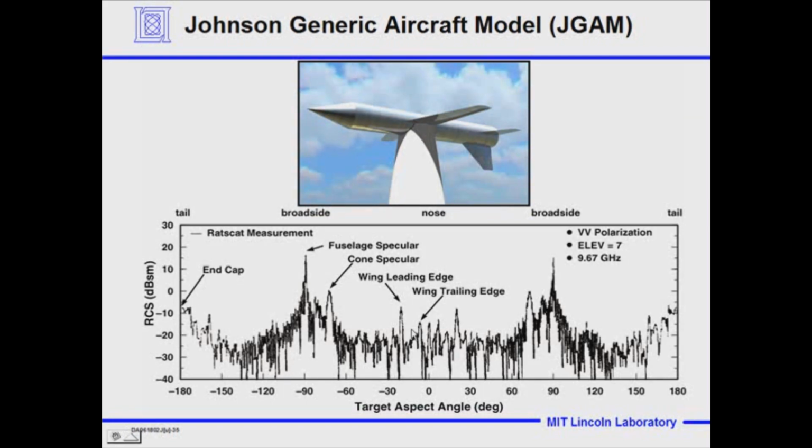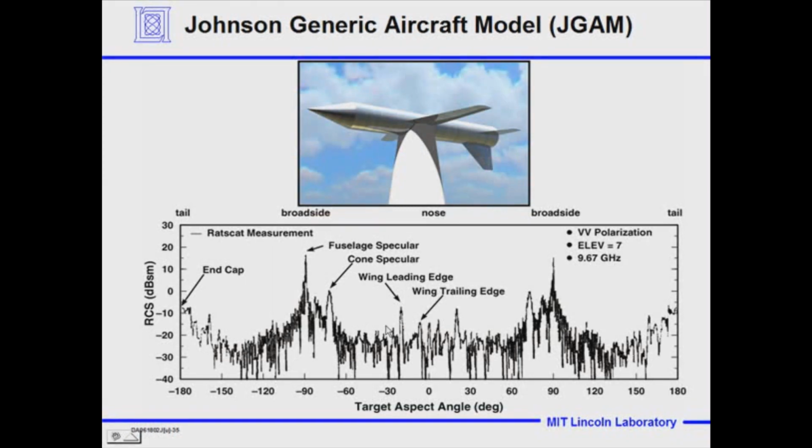And then as we move over in angle, the leading edge, which is bent back a little bit more than the wing. This is the most perpendicular thing as we go from nose on, and we're looking at the whole plane. The next most perpendicular is the wing leading edge.